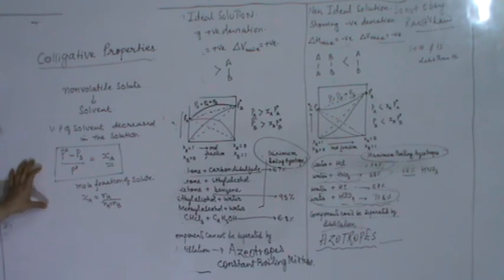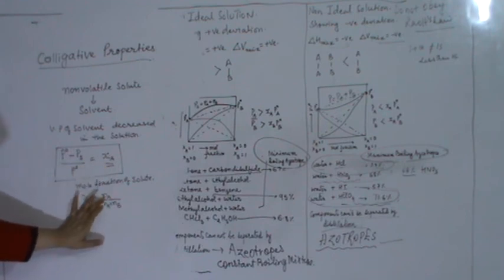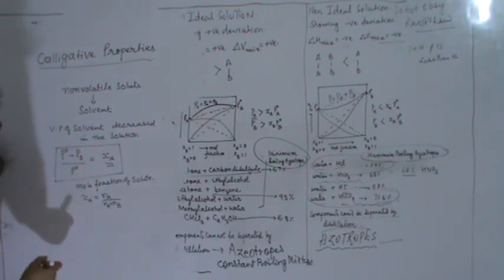So it is decreasing depending upon what? It does not depend upon nature of solute, but it depends upon number of moles of solute. So such properties of a solution which depend upon amount of solute and do not depend upon nature of solute are called colligative properties. So what are colligative properties?